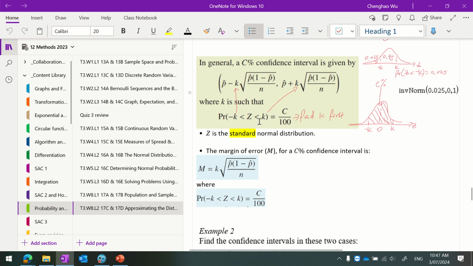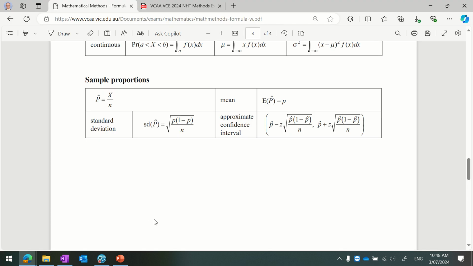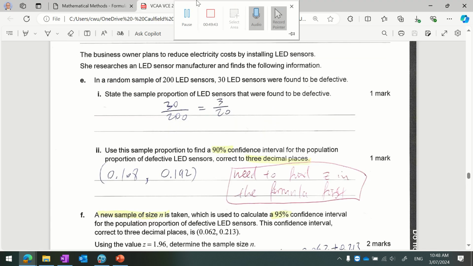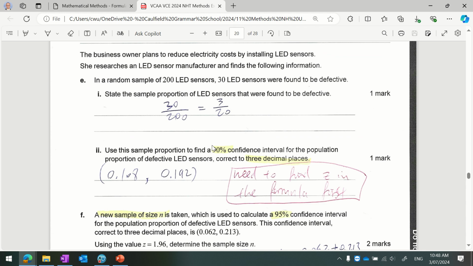K is a value such that in the standard normal distribution, the area between K and negative K is whatever percentage confidence you want. So let's say you want a 90% confidence interval. In the formula it's not letter Z, so I'm going to stick to it.